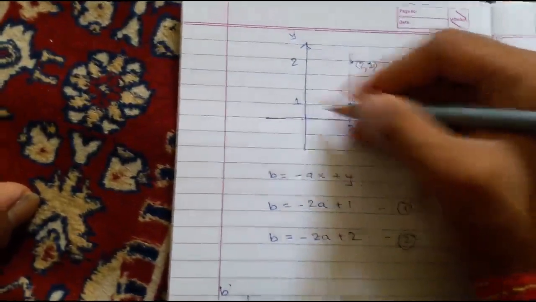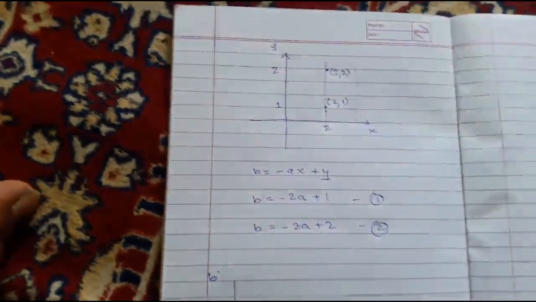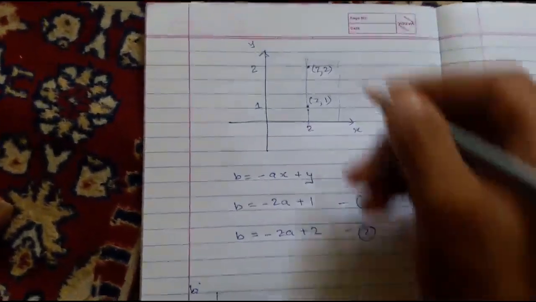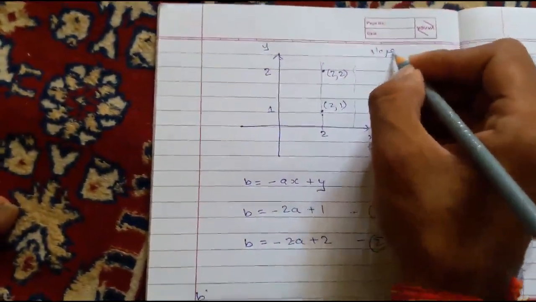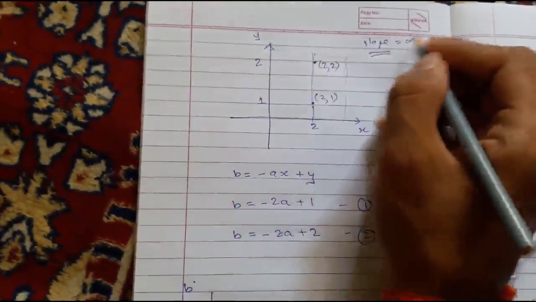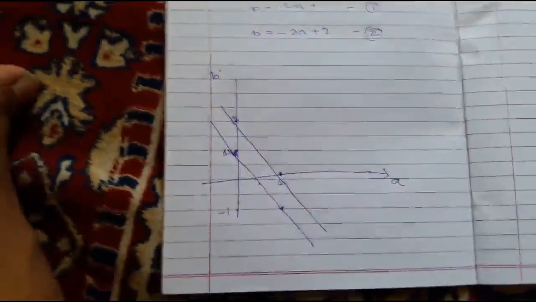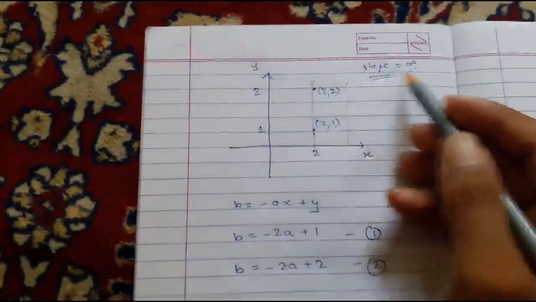I cannot say that it is 1, I cannot say it is 2. It is all these points. So it has a slope of infinity, and since we are plotting nothing but the slope and the y-intercept, because the slope is infinity, we get this problem.